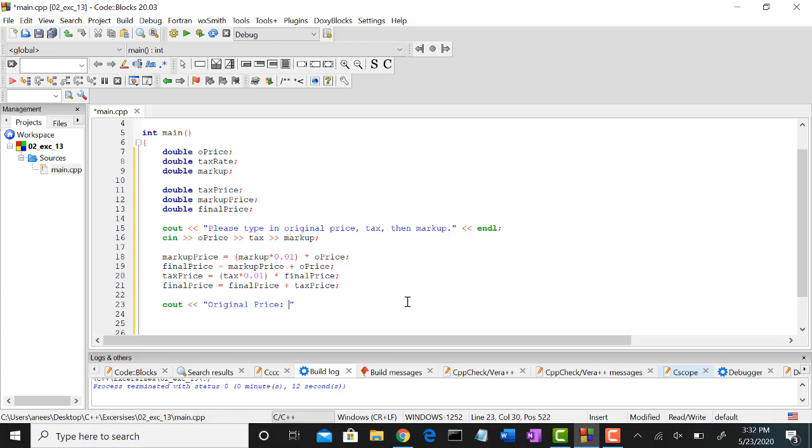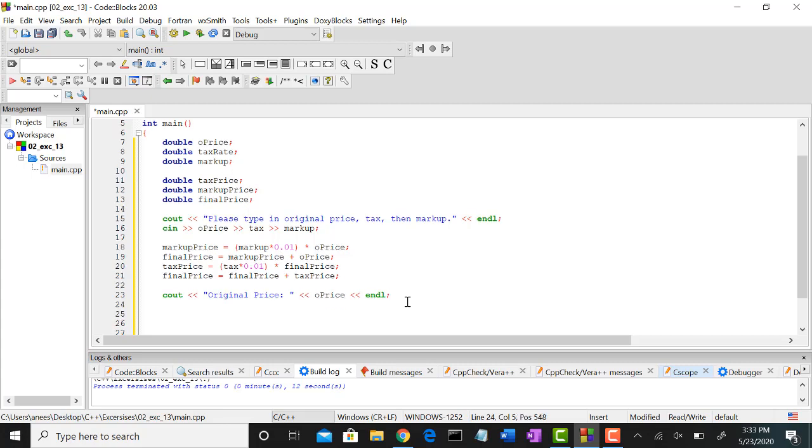Now there we go. That is the first statement, where the original price will be printed out. These next two statements are where the markup variables will be printed out.